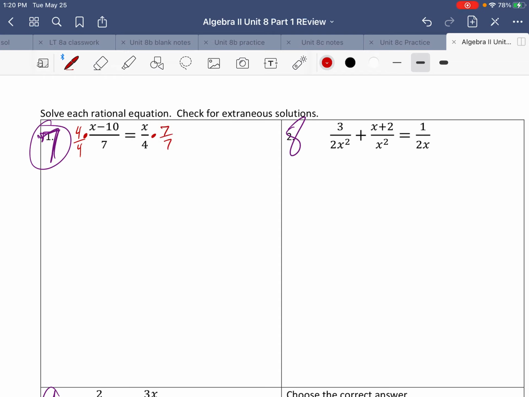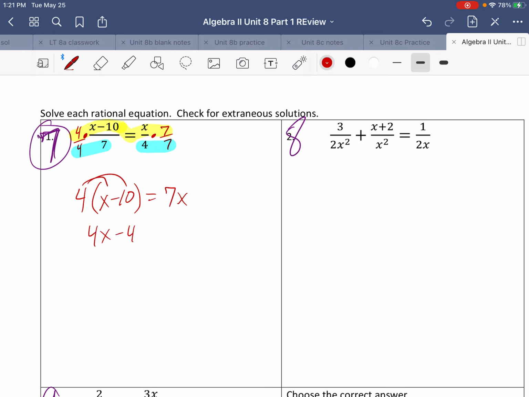Remember, multiplying by something equivalent to 1 doesn't change the value. 4 times 7 is 28, 4 times 7 is 28. So we're just going to look at the numerator. 4 times x minus 10 equals x times 7. So it's 4 times the binomial x minus 10, so I put it in parentheses, and x times 7, those are monomials, so it's just 7x.